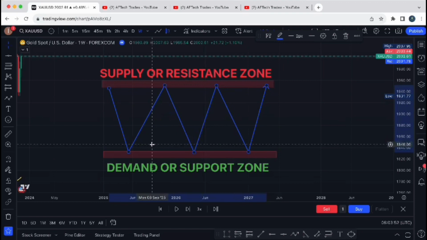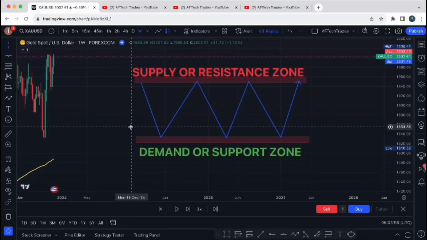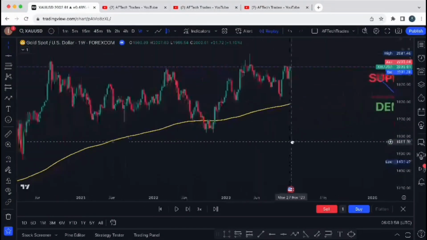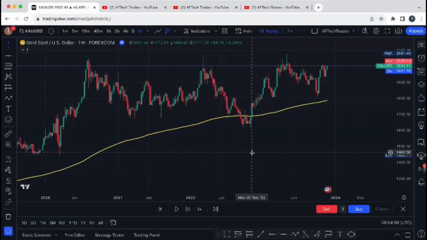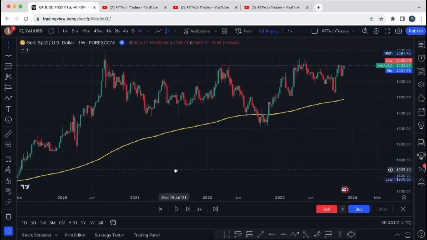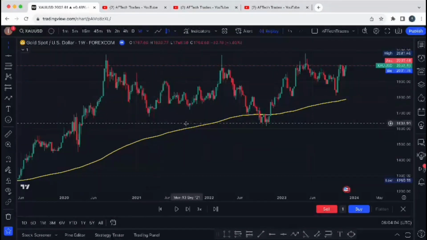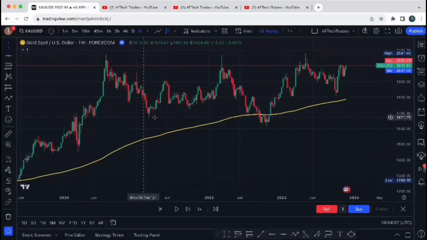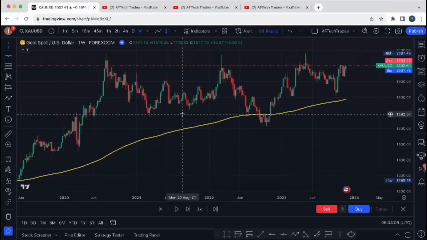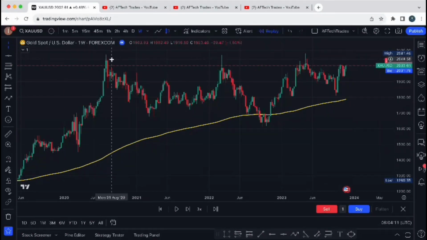So let me take you to a live chart so you can see this. Let's look for a live chart example. Okay, I think this is perfect. You can see the downside here is our demand zone, while the upside here is our supply zone.